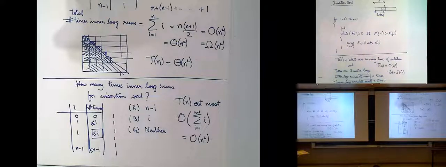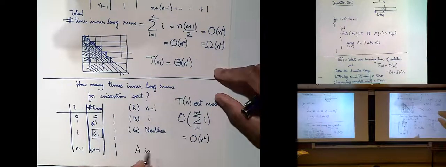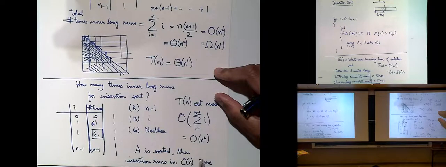And also, what makes insertion sort more complicated to think about is there are examples where insertion sort runs in O of n time. If the list is already sorted, so if A is sorted, then insertion sort runs in O of n time.